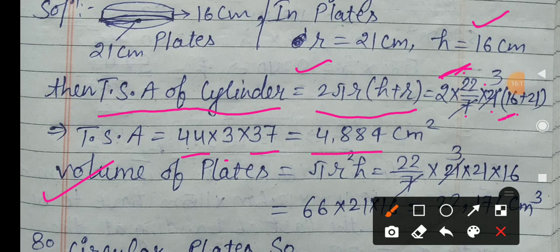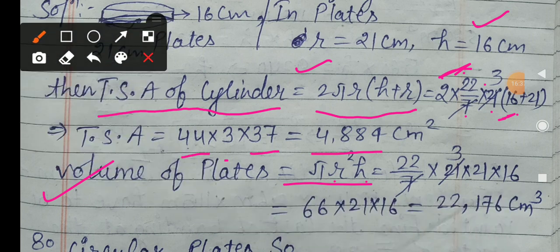After that it will also say to find the value of volume. With the help of a formula, we have to find the volume of a plate. The formula is pi r square h, and you put the values of r, h and pi here to get the volume of one plate. Pi is 22 upon 7, r square is 21 into 21, h is 16.